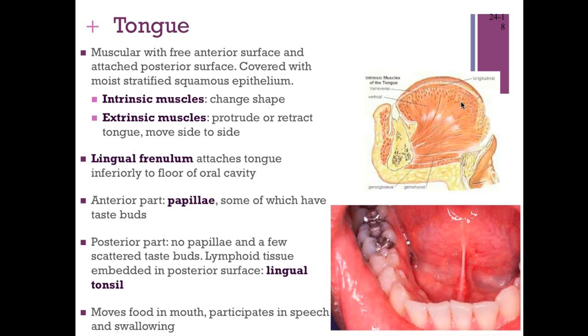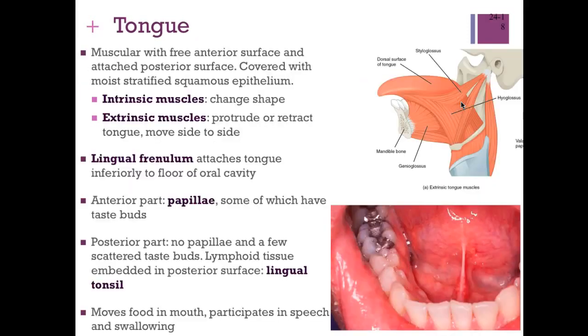So if you're one of those people that can curl their tongue or flip it backward, then you are very talented and you have great intrinsic muscles. I wonder if you all are curling your tongues right now, trying to see if you can do it. I think I have a picture. No, I didn't. But we would have most of that musculature within the tongue itself.